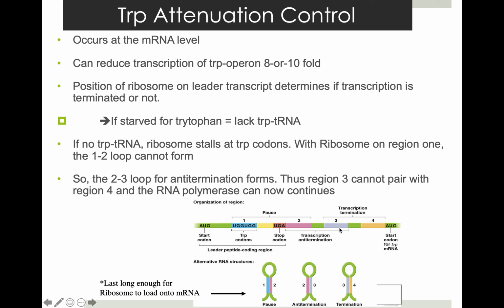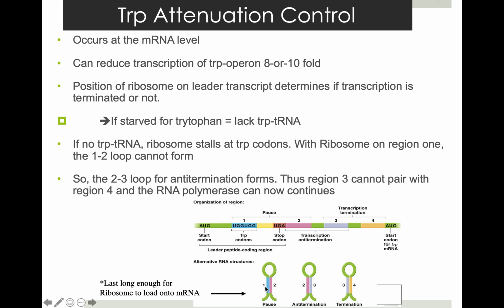Hence, region 3 and region 4 cannot pair up, and we know that when regions 3 and 4 form a hairpin, it signals for termination. So RNA polymerase can continue, and transcription of the structural genes can occur to produce tryptophan. Just remember this 3 and what it means.